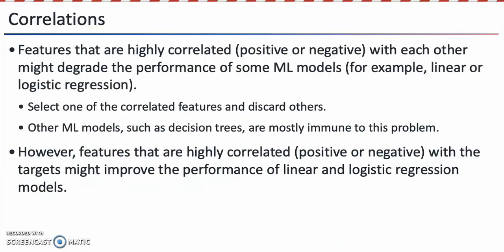It is important to determine if columns or features are correlated, because this may interfere with the performance of machine learning models or algorithms.